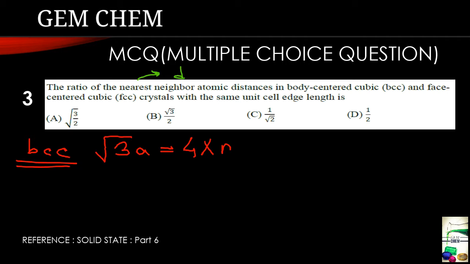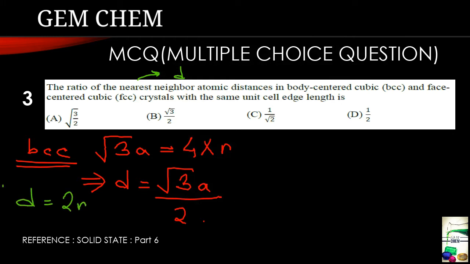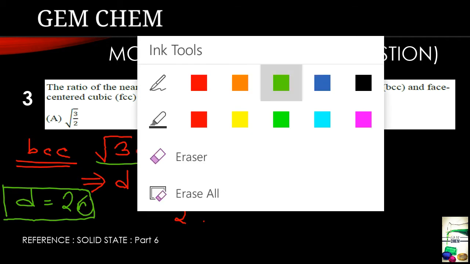So from here we can get that d equals root 3a by 2. As we know that always d equals twice r. This is always same, whereas this value changes and we just substitute the value of r from here to this equation to get the value of d here.